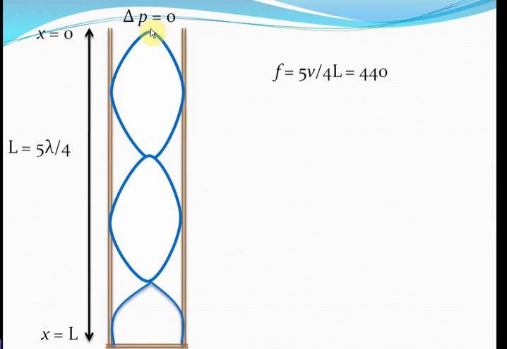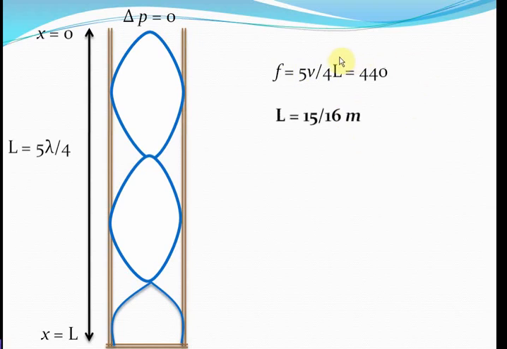So when you draw this diagram, you can clearly see that this length is lambda by 2, this length is lambda by 2, this length is lambda by 4. You add all that, equate it to L, and then substitute lambda as V by f. You can derive the expression yourself during the exam. So the frequency in this case is 5V by 4L or 440 Hz. V is given because V is the velocity of sound. So you can easily calculate the length of the closed organ pipe, which is equal to 15 by 16 meters here.